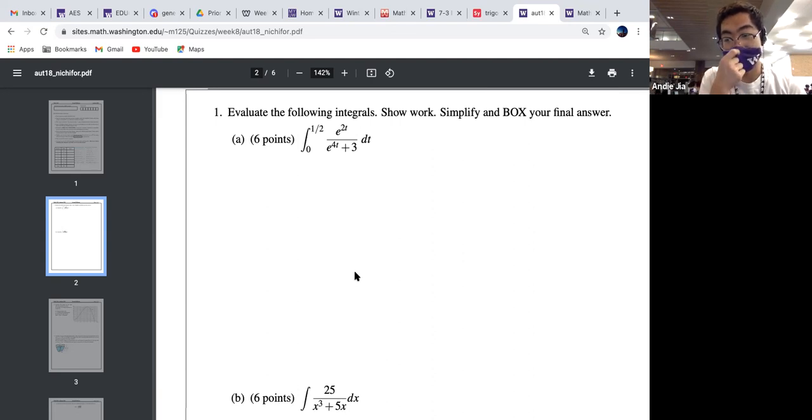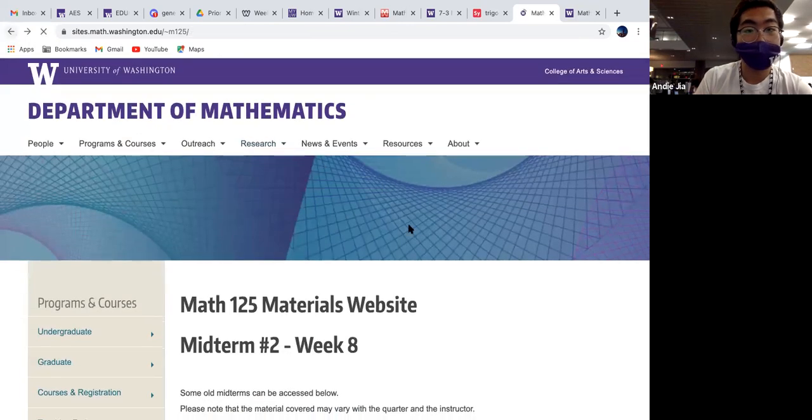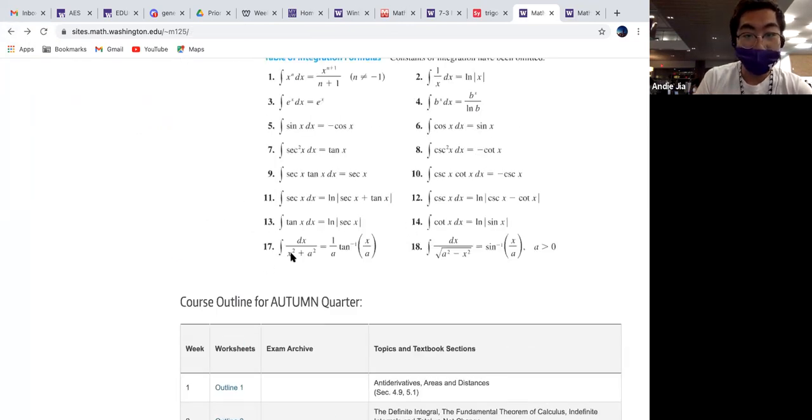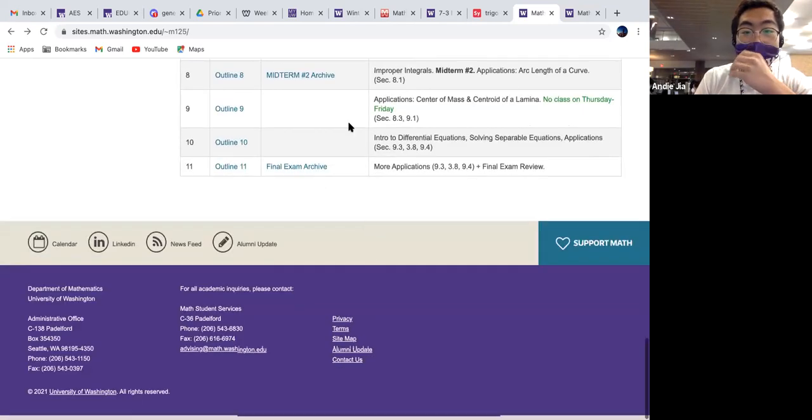Please give me a reaction if it does make sense. Okay, I will re-explain. Here's e to the 4t, and this is e to the 2t. By the power rule, e to the 2t times e to the 2t is e to the 4t. Then back to the integration formula, 1 over x squared plus a squared is 1 over a inverse tangent of x over a.